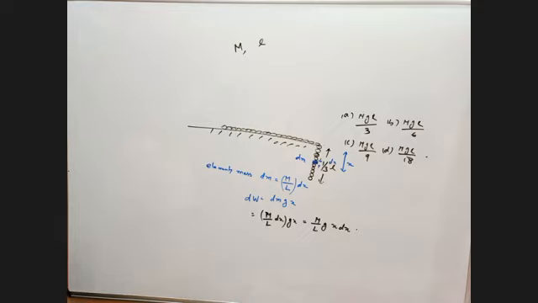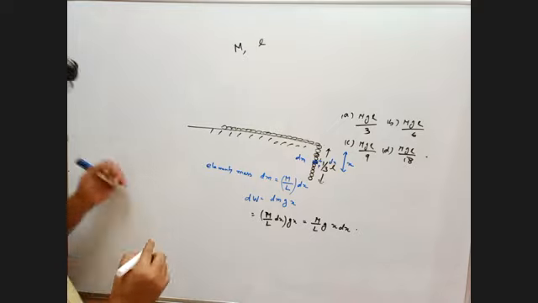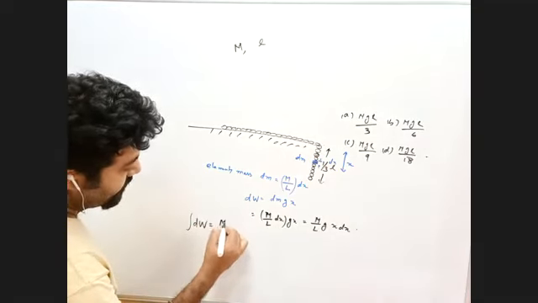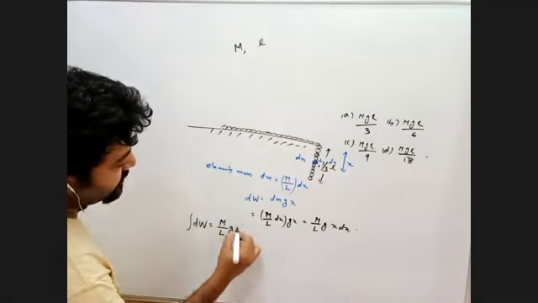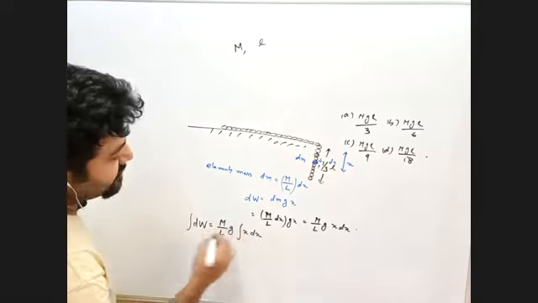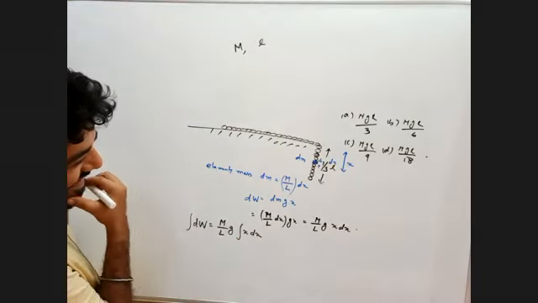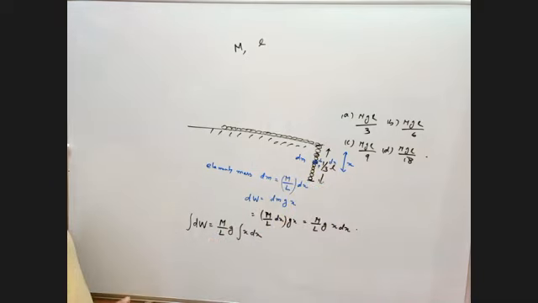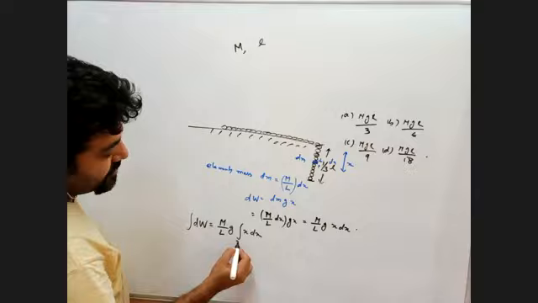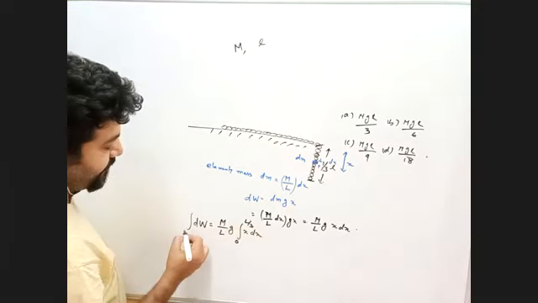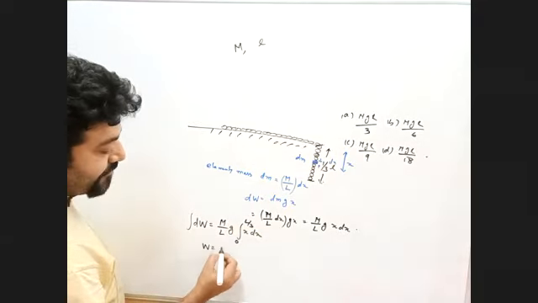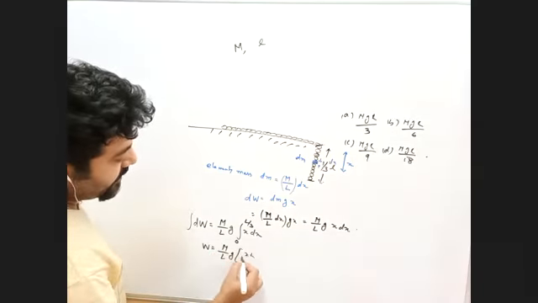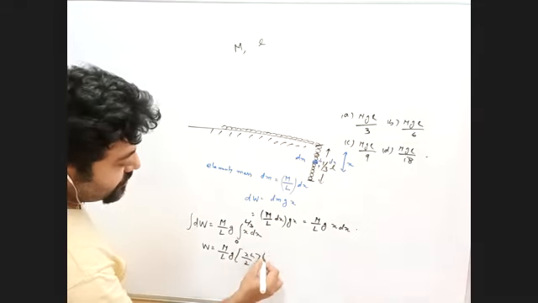Okay sir. So now if we integrate both sides, dW equals mass by length, g, integration of x dx. We pull it up from here to here, so the limits are 0 to l/3. W equals m/l g x square by 2, from 0 to l/3.